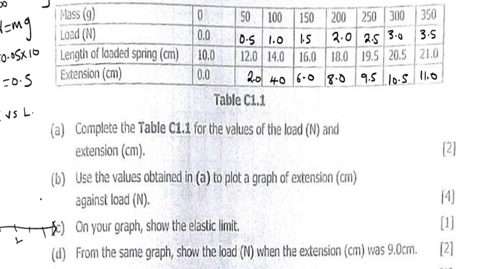Then I can start loading. So where I know to say if the load was 0.0, the extension was also 0.0. So it will actually start from the 0.0 position here. When load was 0.5, extension was 2.0.